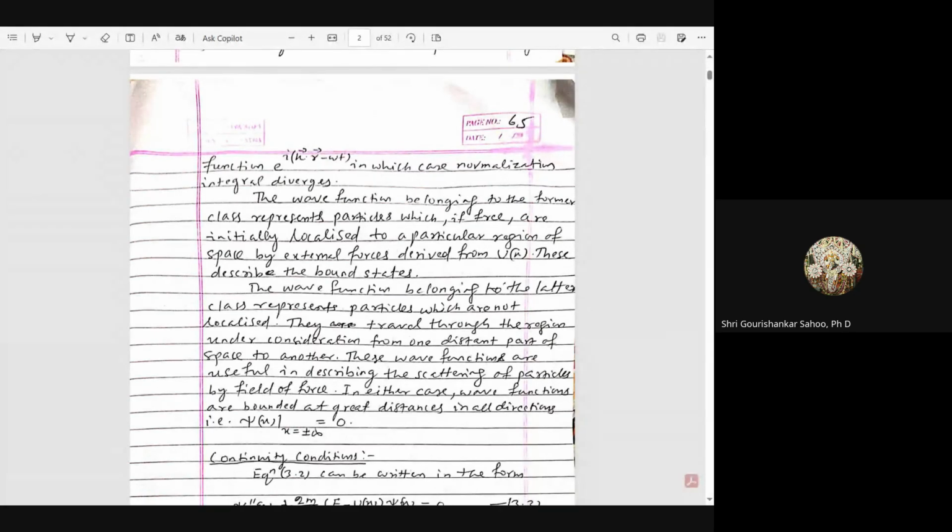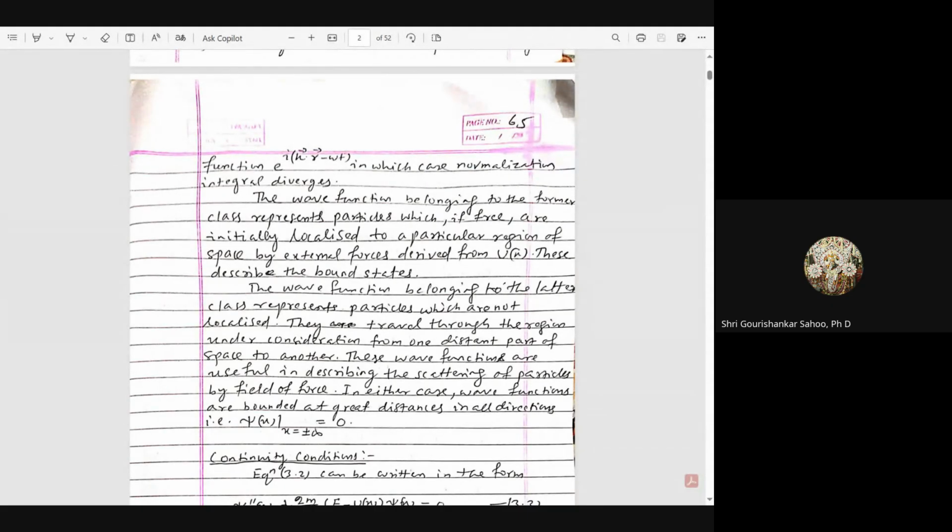So in bound states, you have real situations like a particle in a box, a harmonic oscillator, or a hydrogen atom. And in the latter case, where the normalization integral diverges, you have free space, and it is very much useful in describing the scattering of particles.